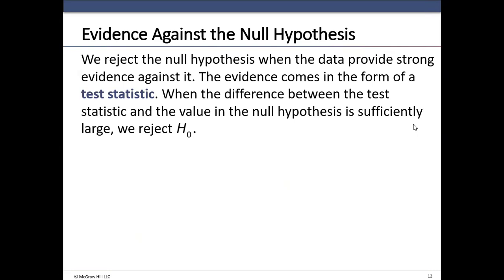It is a characteristic of the sample that we have gathered. When the difference between the test statistic and the value in the null hypothesis is sufficiently large, we reject the null hypothesis. So if the difference between the test statistic and the hypothesized value in the null hypothesis is very large, then we are going to reject the null hypothesis.